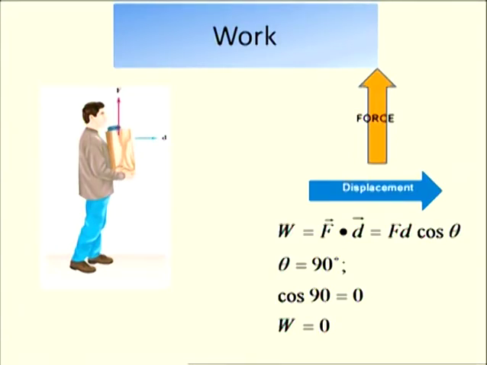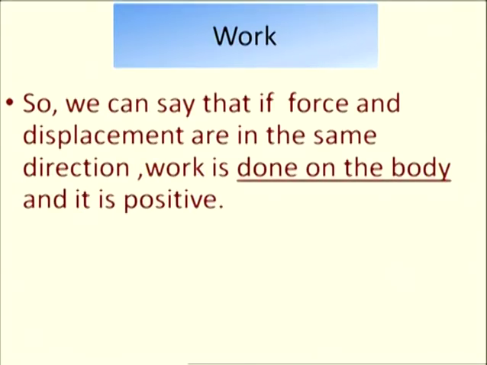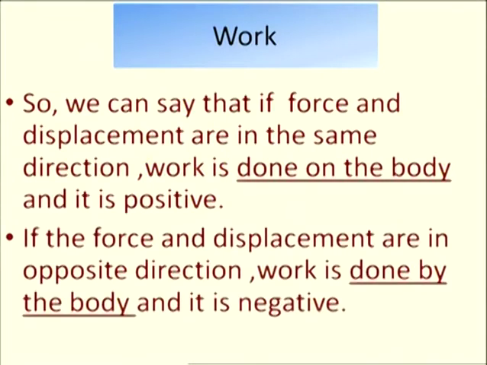Please listen carefully: work done against gravity is 0. No work done. So we can say that if force and displacement are in the same direction, work is done on a body and it is positive. If the force and displacement are in opposite directions, work is done by the body and it is negative.